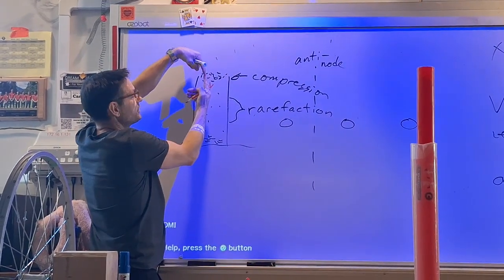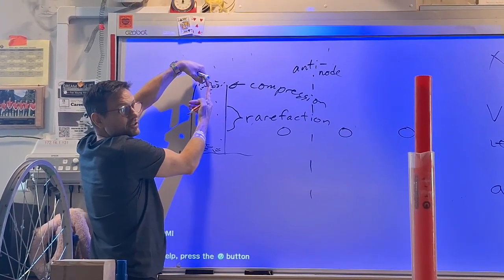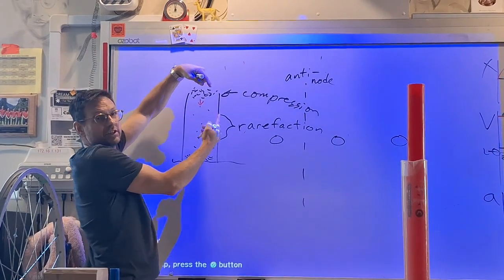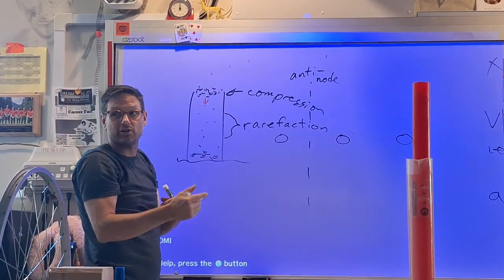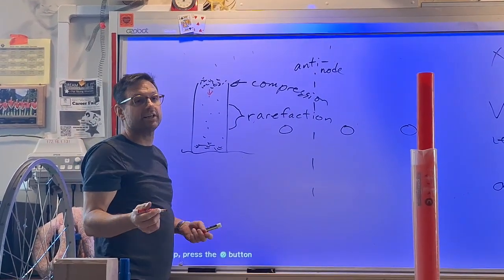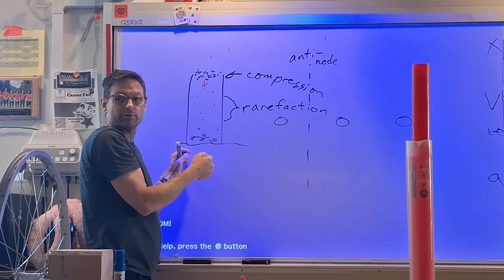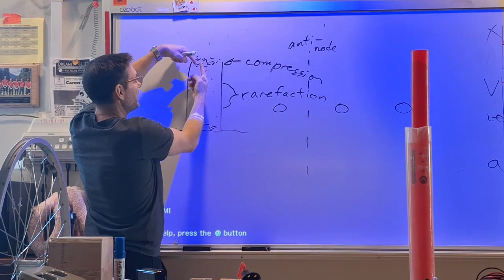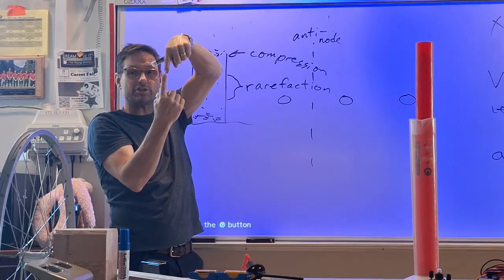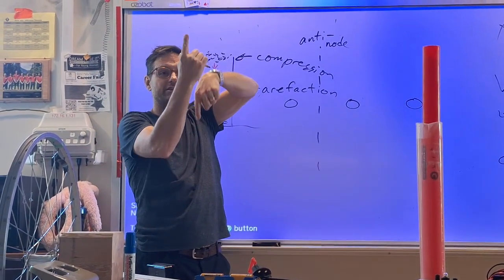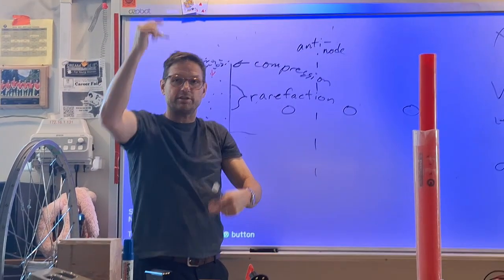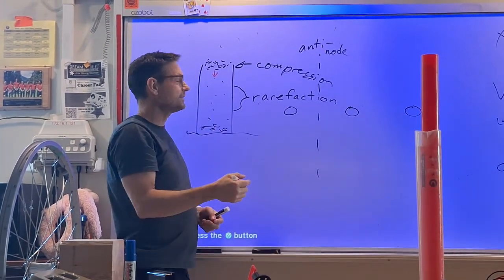If you get that, the compressions and the rarefactions will constructively interfere as they move past each other. It's a nice way to get a standing wave as a reflection because the waves will have the same wavelength and the same frequency. So as they move past, if you get a compression to meet a compression, it will also meet the trough and the next compression, and it'll just keep going, right?